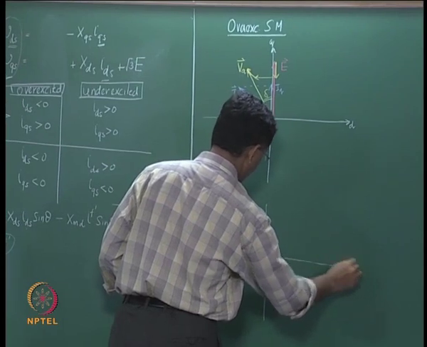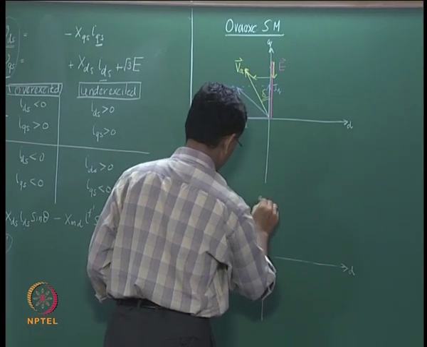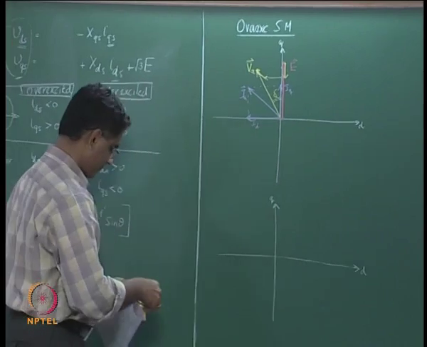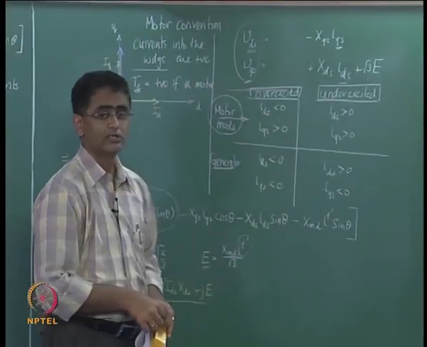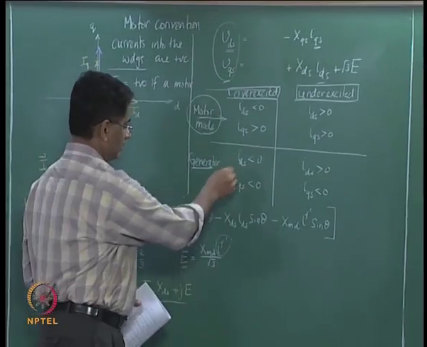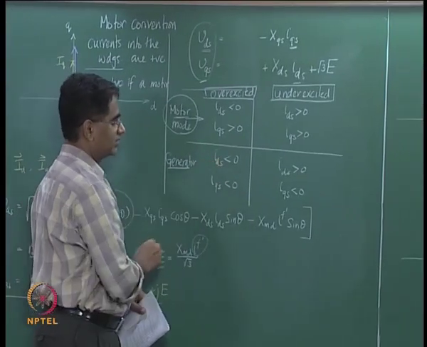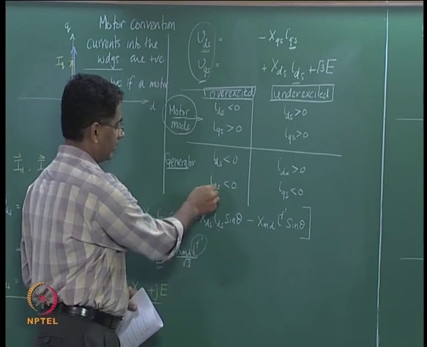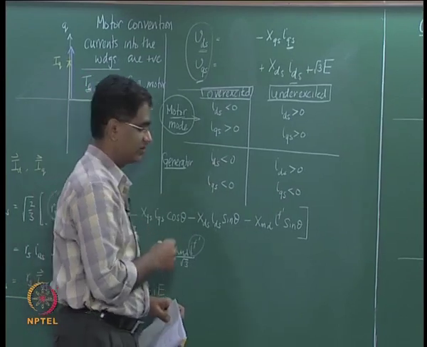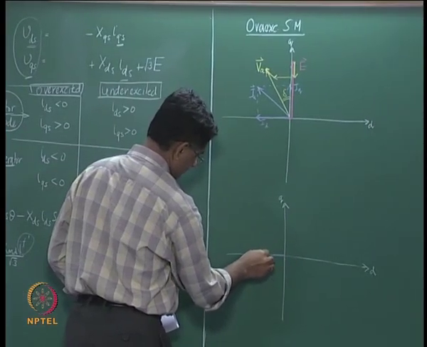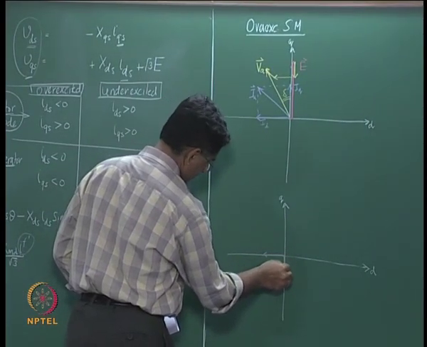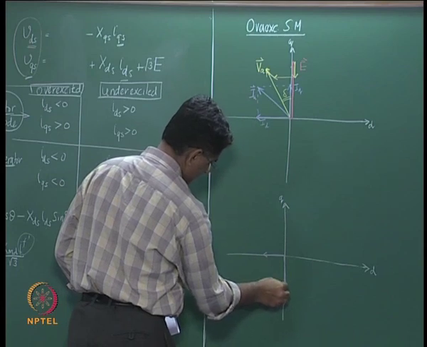So, that is your D axis and Q axis. As before, we draw the phasors of ID and IQ first. So, here you have IDS is less than 0 and IQS is also less than 0. So, you have IDS here and IQS here.